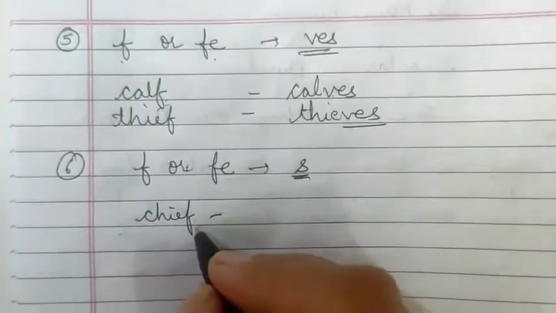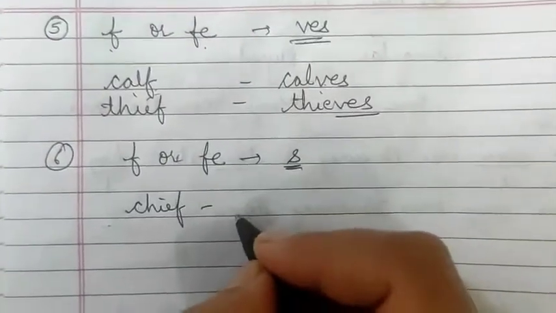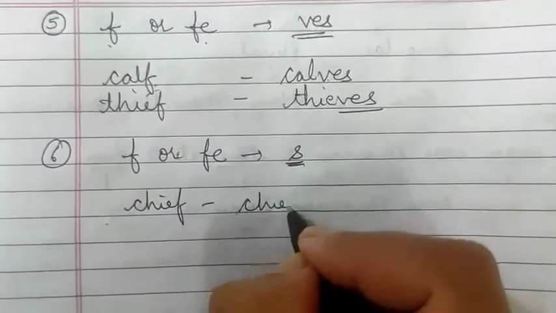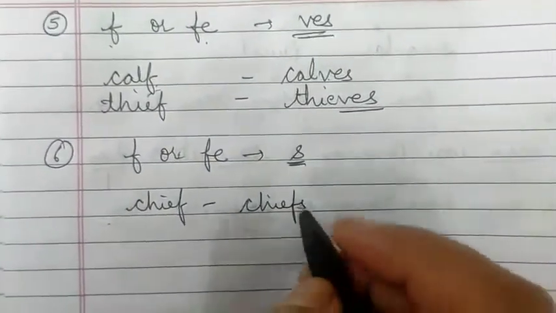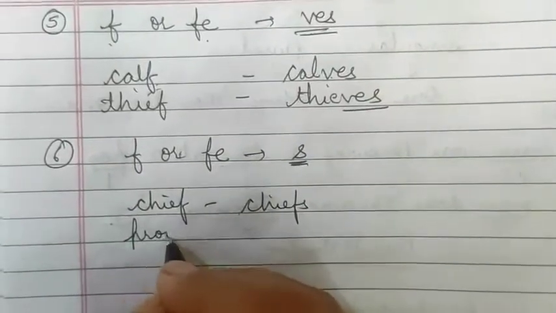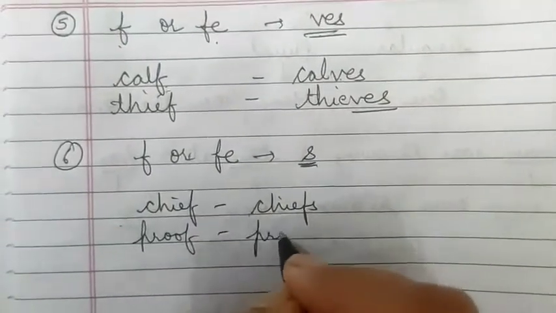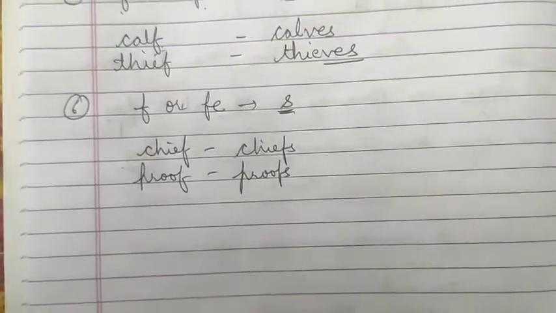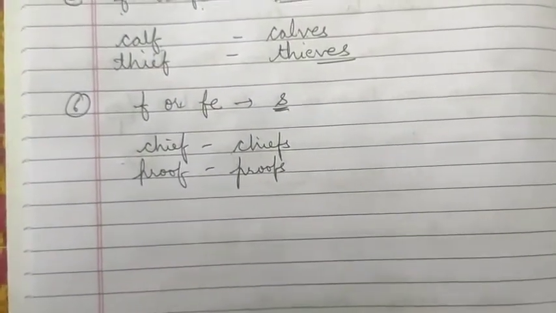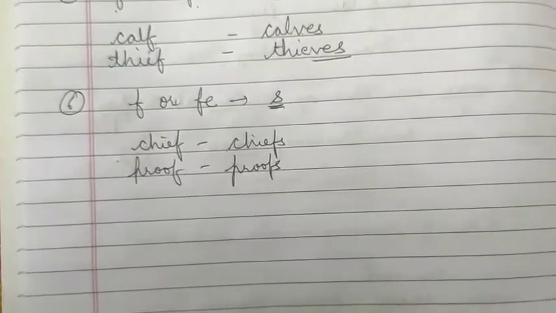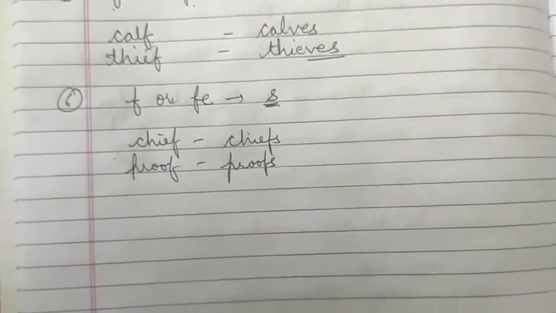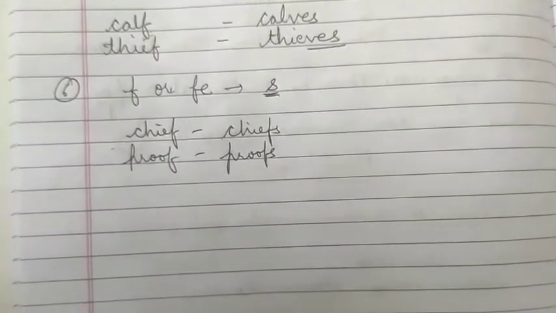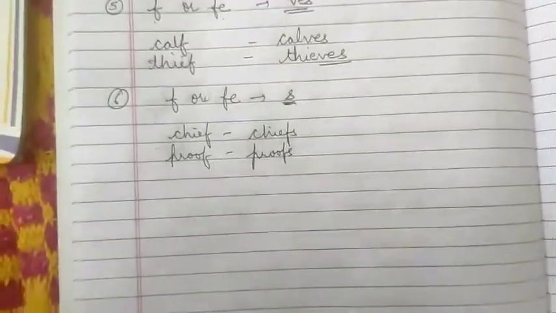The word chief is ending with F. So, what will be the plural? Chiefs. Proof. Proofs. Understood? Here the words are ending with F or FE, but when we are changing them into plural form, only S is added with them. Now let's move on to the next one.